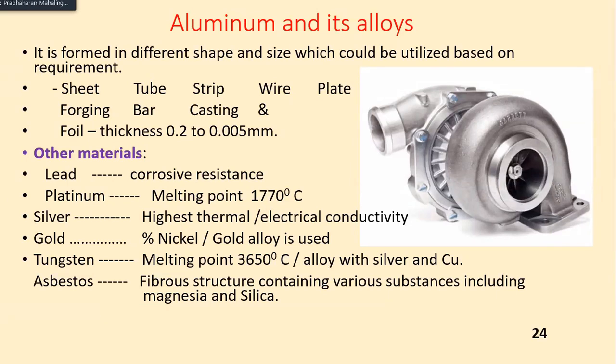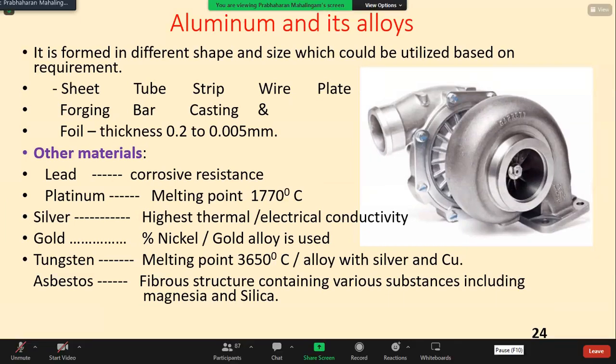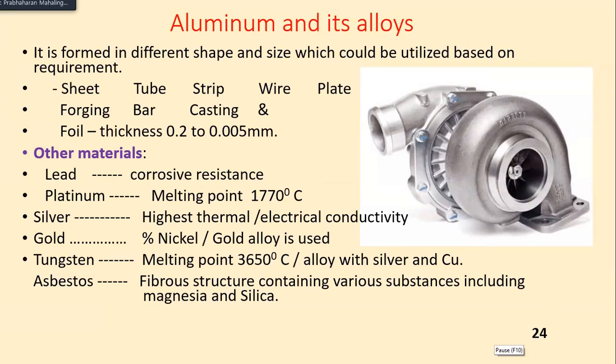Other materials: lead, corrosion resistant. Platinum, corrosion resistant, melting point 1770 degrees centigrade. Silver has the highest thermal and electrical conductivity.